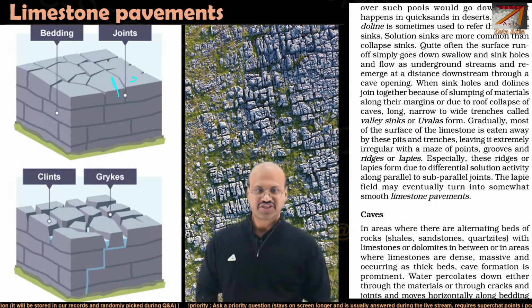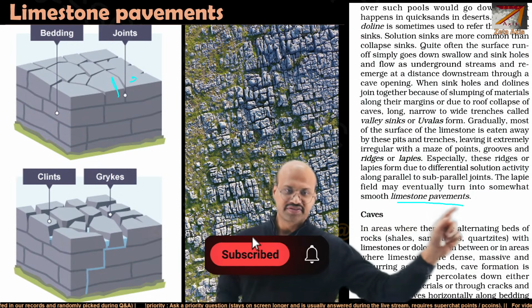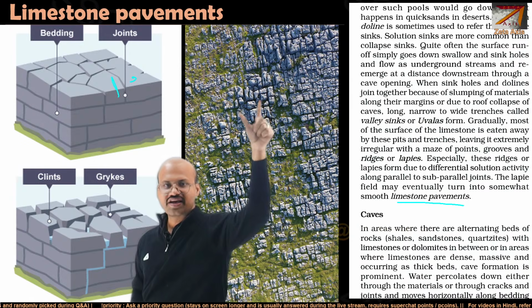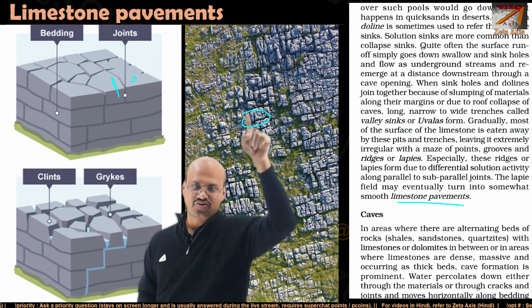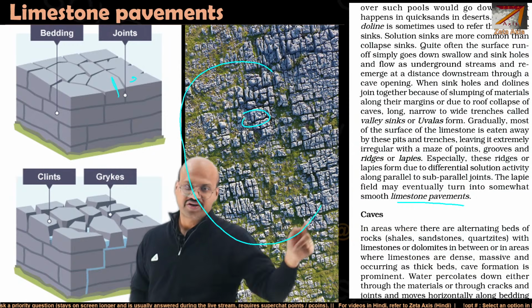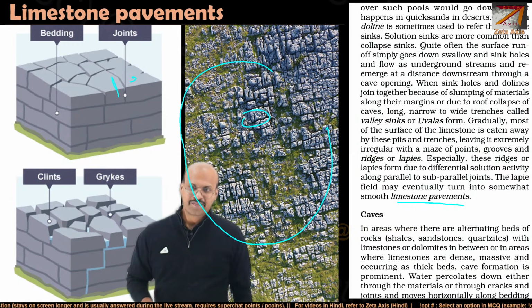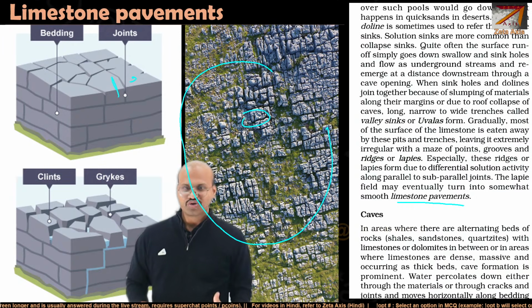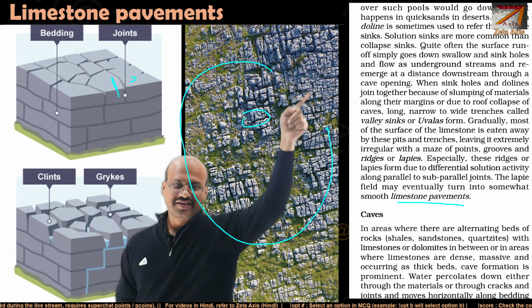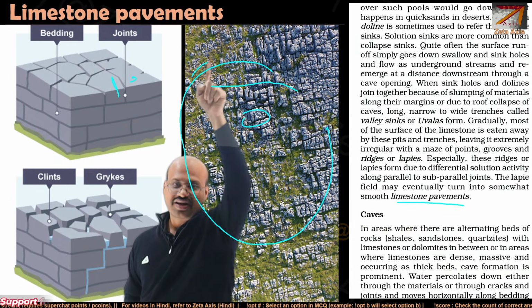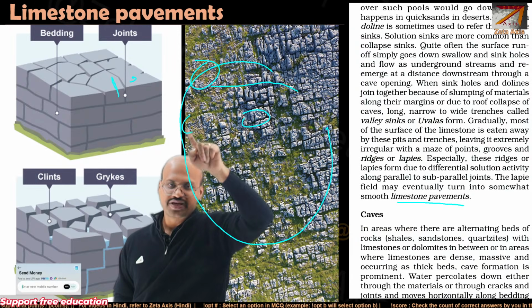So this type of structure is called limestone pavements, and here you can see a real image where this type of landform is formed. You can see these are the limestone rocks. This whole region was covered with limestone rocks, but because of prolonged erosion or prolonged activity of water, the limestone was dissolved away from many places.